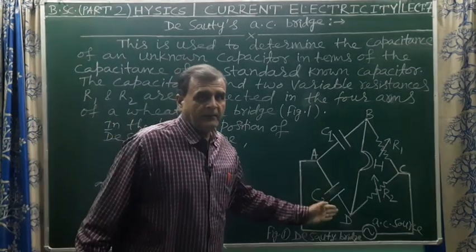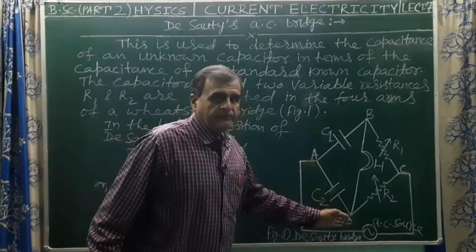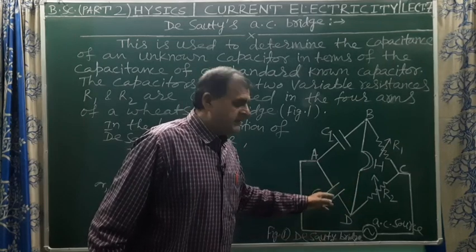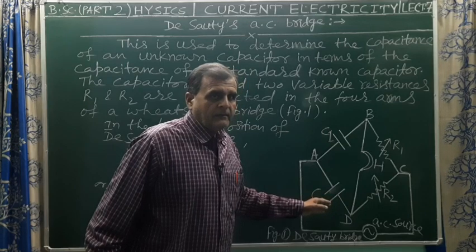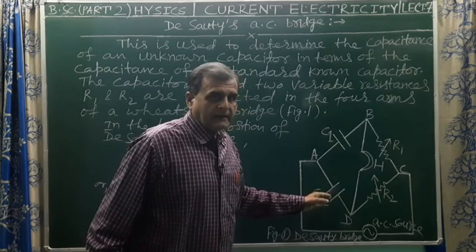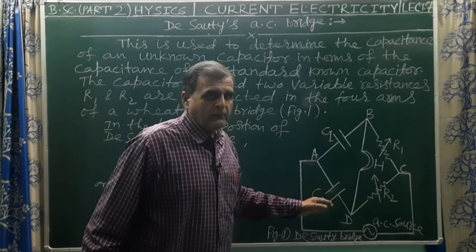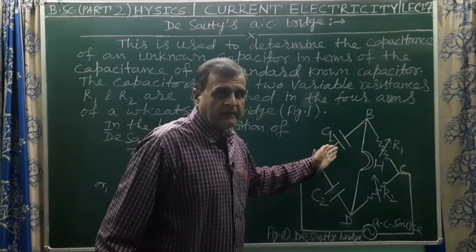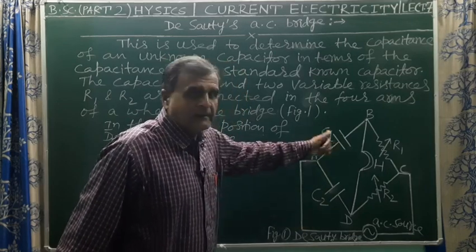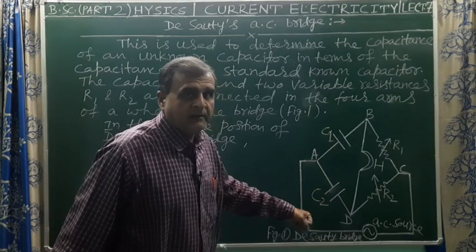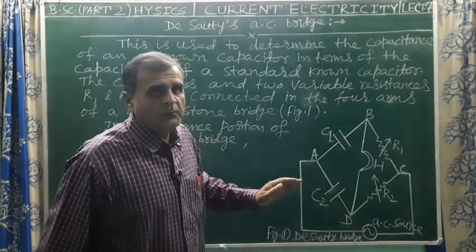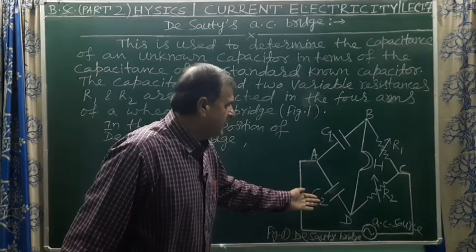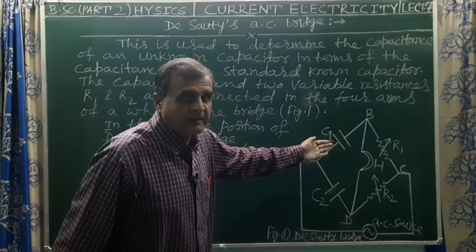Z2 is the impedance of the arm AD, in which a capacitor of capacitance C2 is connected, whose value is to be determined in terms of the standard capacitor C1. Say C1 is the standard capacitor, while C2 is the unknown capacitor. We have to determine the value of the unknown capacitor C2 in terms of the standard capacitor C1.